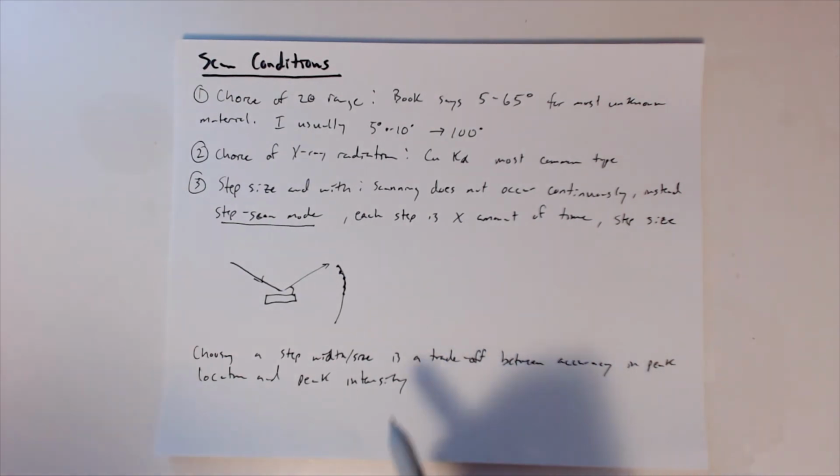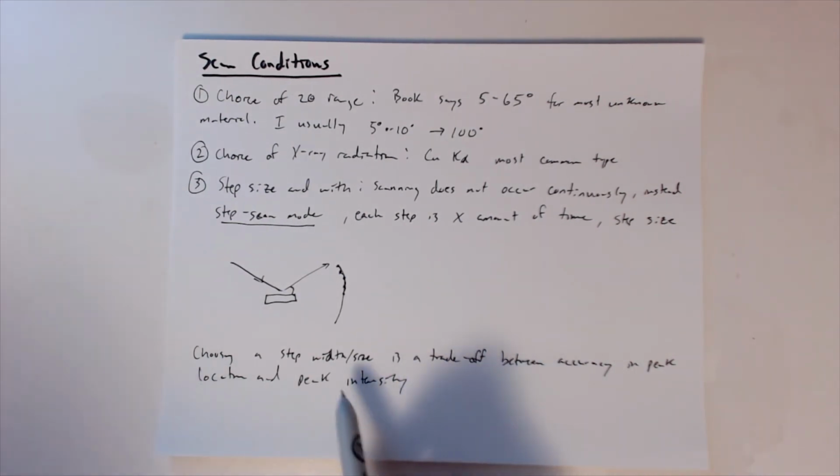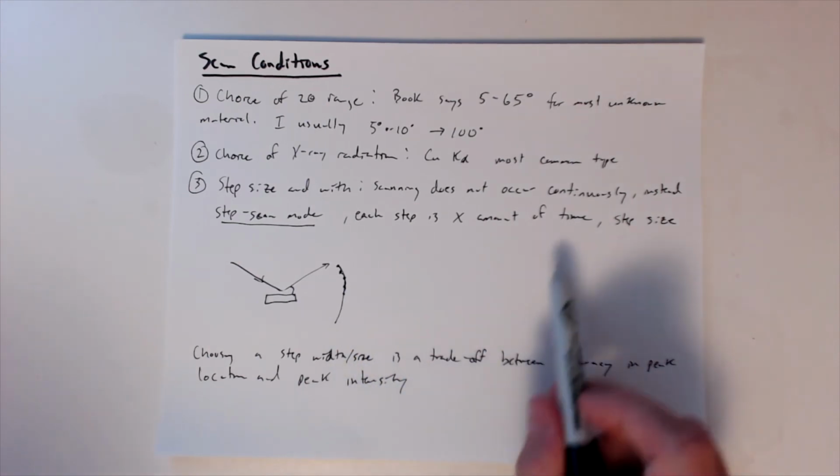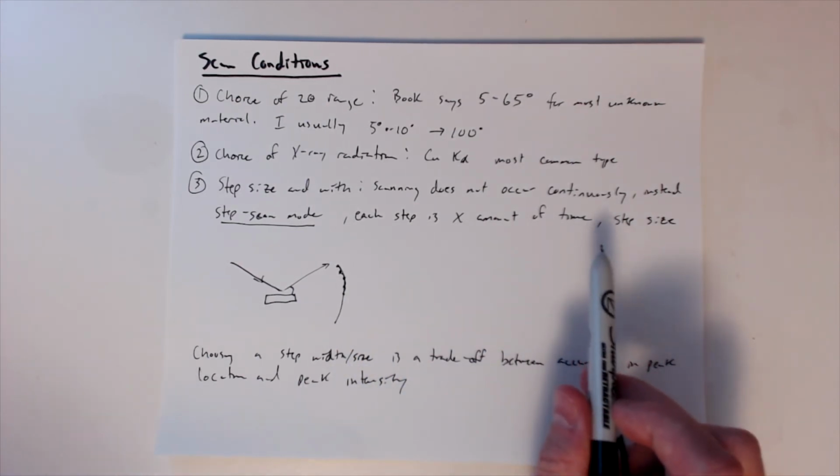Right? So if the scan size is very small, then I tend to get a lot of data points. But there's not much intensity at each of those data points unless I also increase the amount of time. So it's kind of a trade-off.